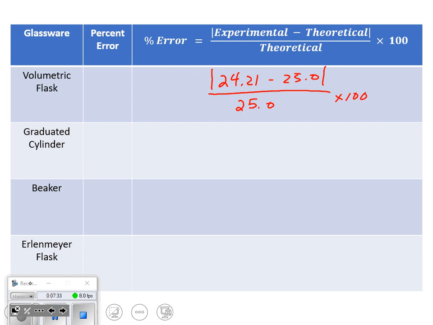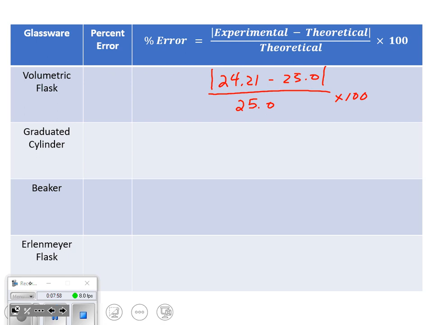When I do the top part with the absolute value, I come up with a value of 0.79. Since I'm adding and subtracting there, I can only have it to the 10th.